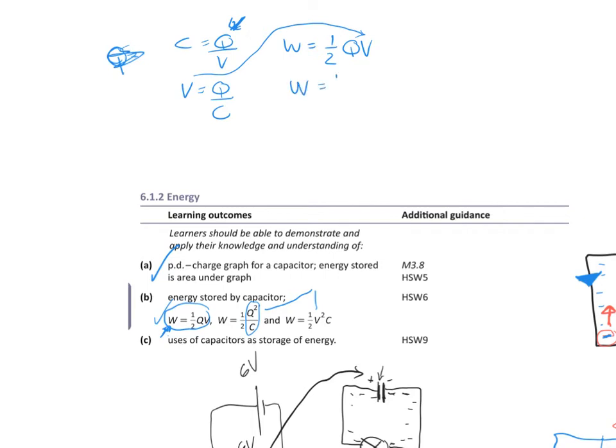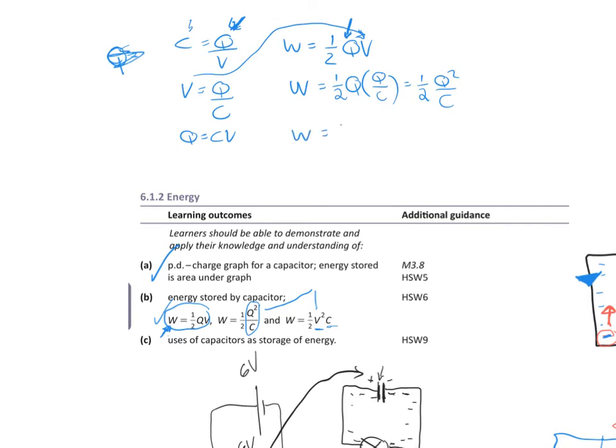So work done is equal to a half Q times V, which I rearranged, just Q over C. That's a half Q squared over C. And then I have the other equation, which clearly shows that you have a V but not a Q. So I will rearrange to make Q the subject of the formula this time, where Q is equal to CV. And I will substitute it here instead and leave V alone.